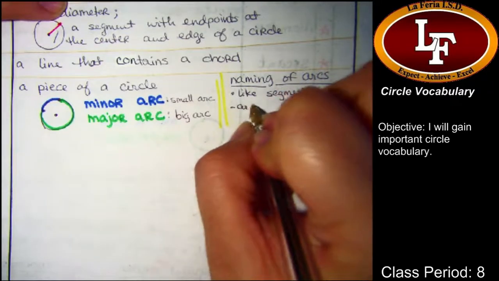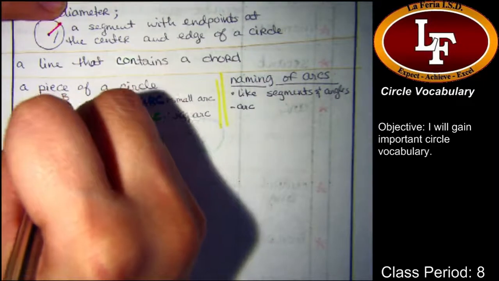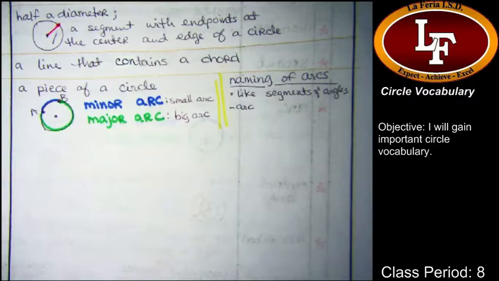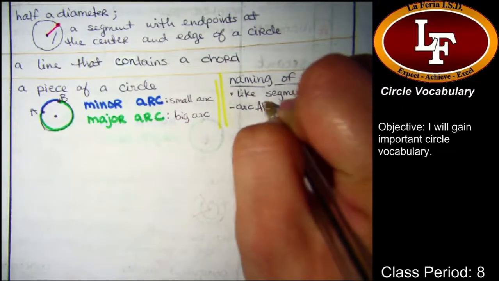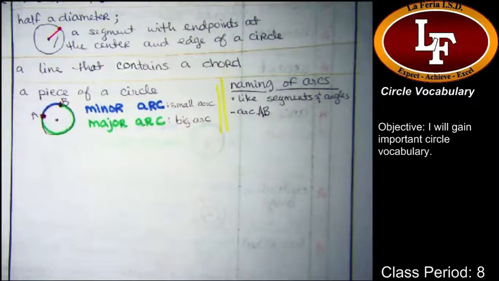So, for instance, if I name these points right here, one point is A, one point is B, then I can name this arc AB. There's only one problem. Which arc AB? The minor arc or the major arc?